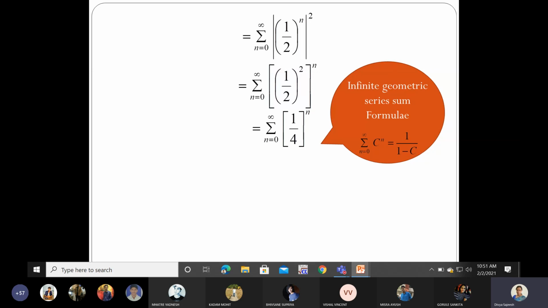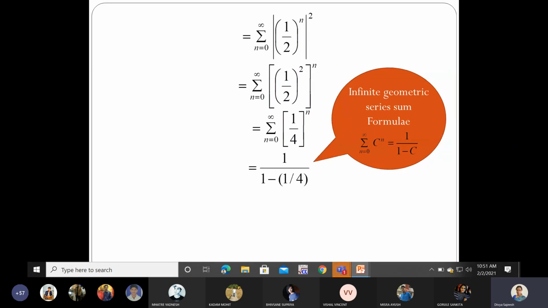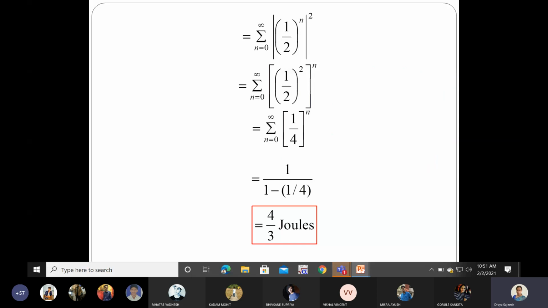So here c is 1 upon 4. So putting that in the equation, we'll get 1 upon 1 minus 1 by 4. So finally you will get 4 by 3 joules as your energy contained in the signal.